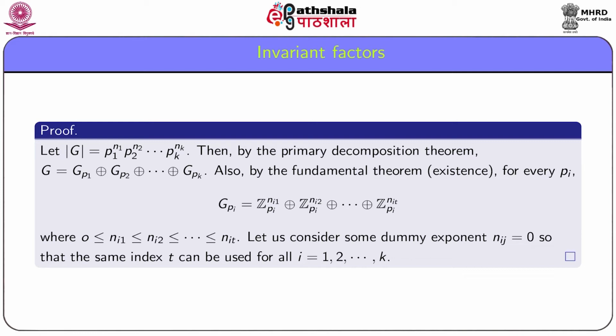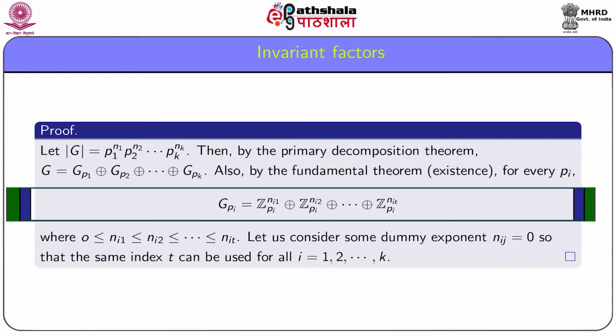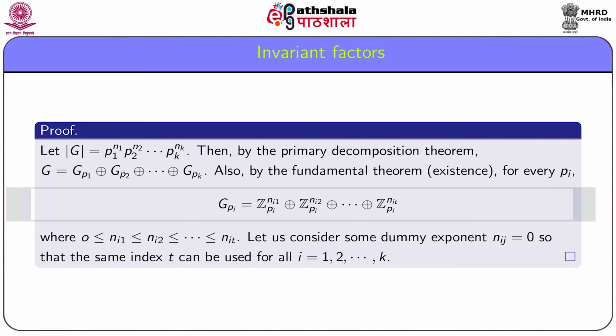Also, by the basis theorem, for every pi, Gpi is a direct sum of the cyclic groups Z of pi to the power ni1, Z of pi to the power ni2, and so on, Z of pi to the power nit. Also we assume that ni1 is less than or equal to ni2, less than or equal to and so on, less than or equal to nit.